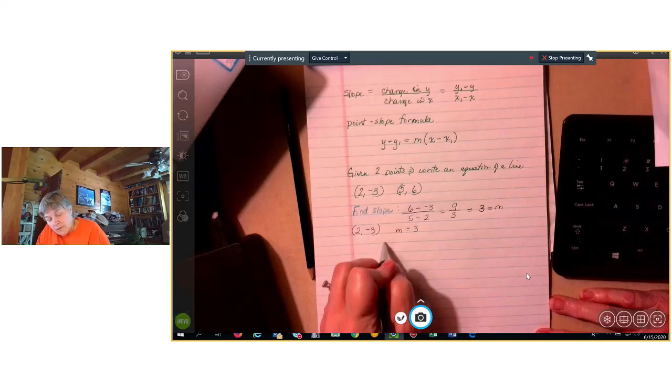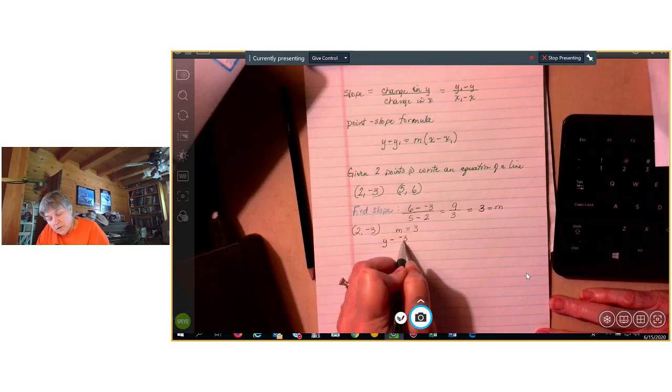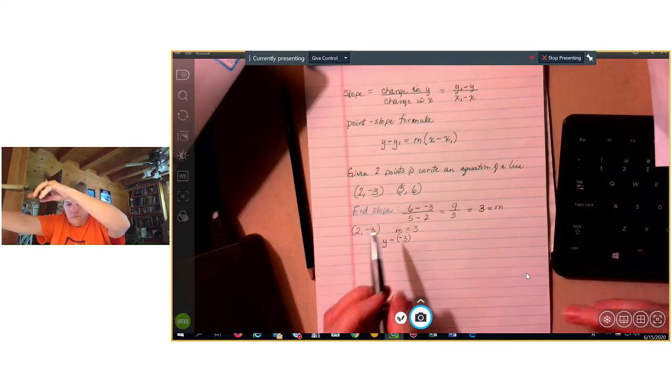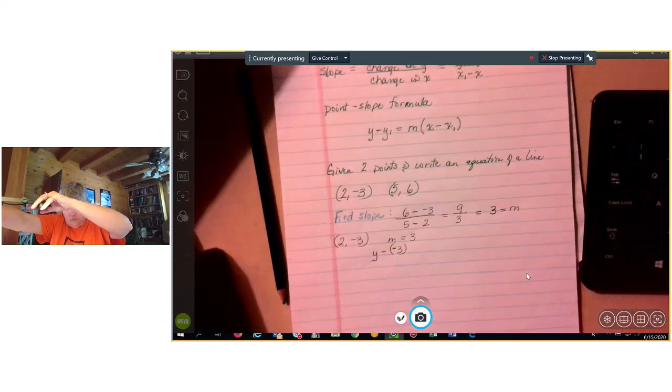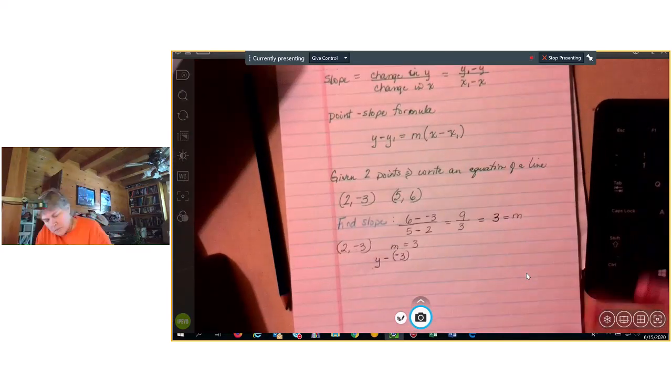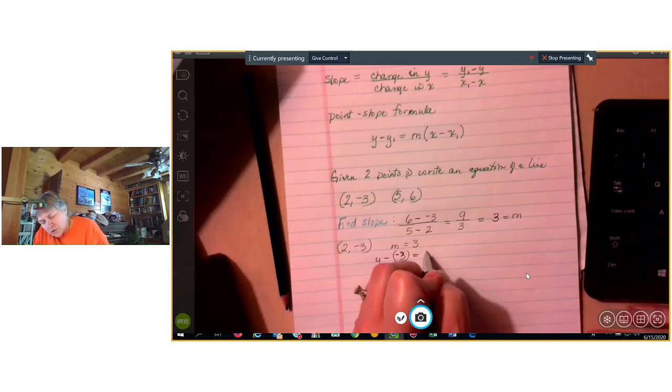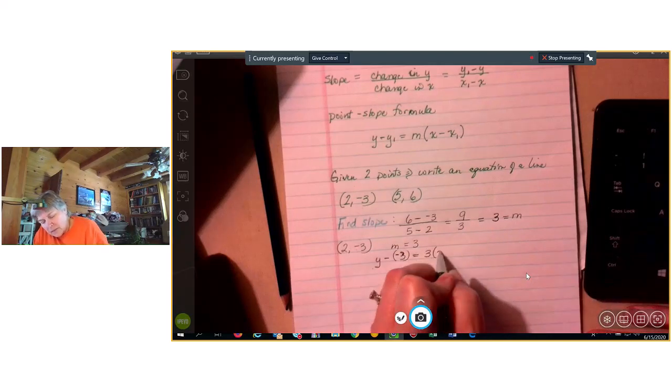So I have y minus a -3, and I'm going to put this in parentheses so I don't lose that negative here, equals 3 times x minus 2.